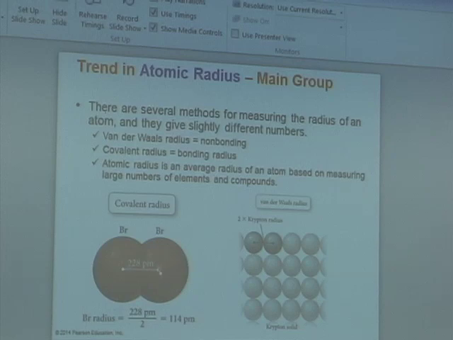The bonding radius. So atomic radius is an average radius based on the atoms in the compound.